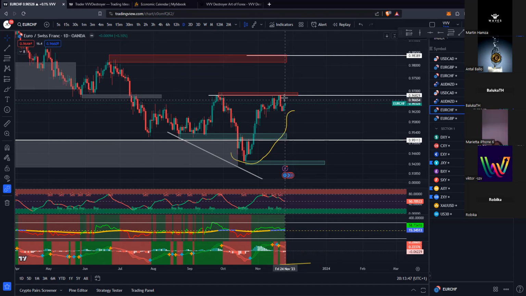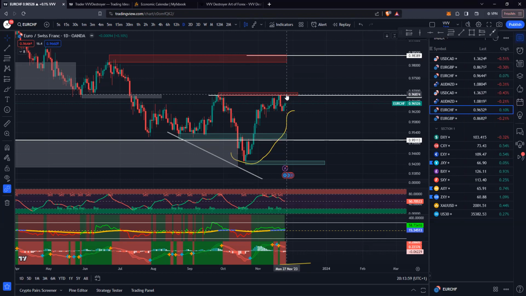Mostly what we're going to see is an impulse going up, a retest around this zone, because mostly when a resistance is about to break, we're going to see a retest on the resistance, and we're going to go further to the upside into the next possibility of the high.